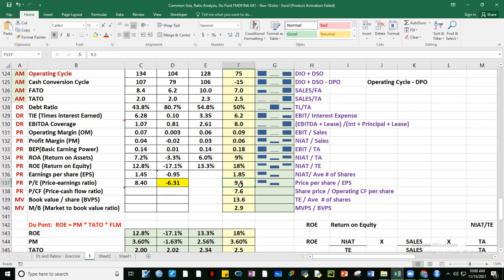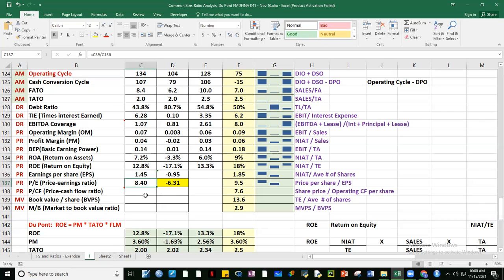So the competitor's is more expensive, guys. The direct competitor's is more expensive because their price in the market is 9.5 pesos per 1 peso of EPS. So our company is still cheaper in this regard, guys. Okay? If we buy the share of stock of our company, it means we buy it at 8 pesos and 40 centavos and expect 1 peso of earnings.